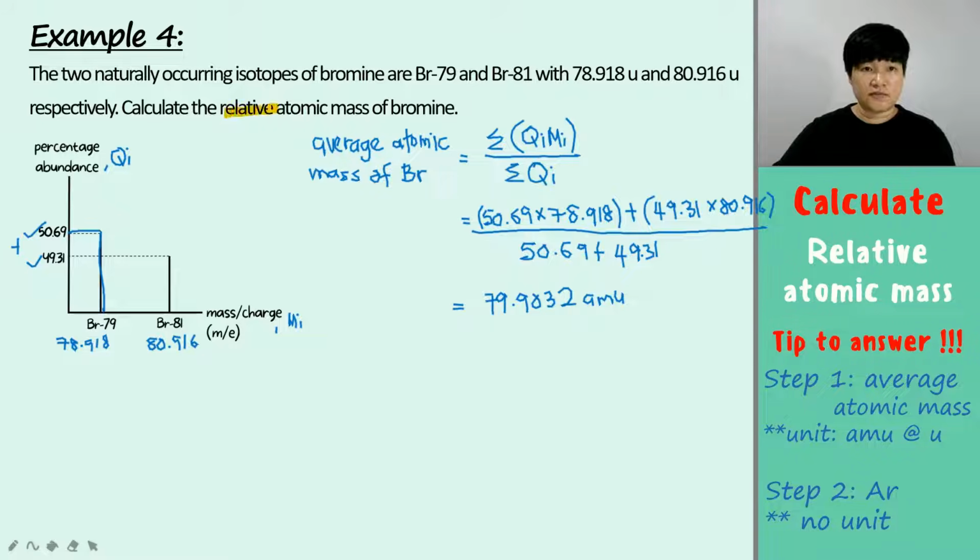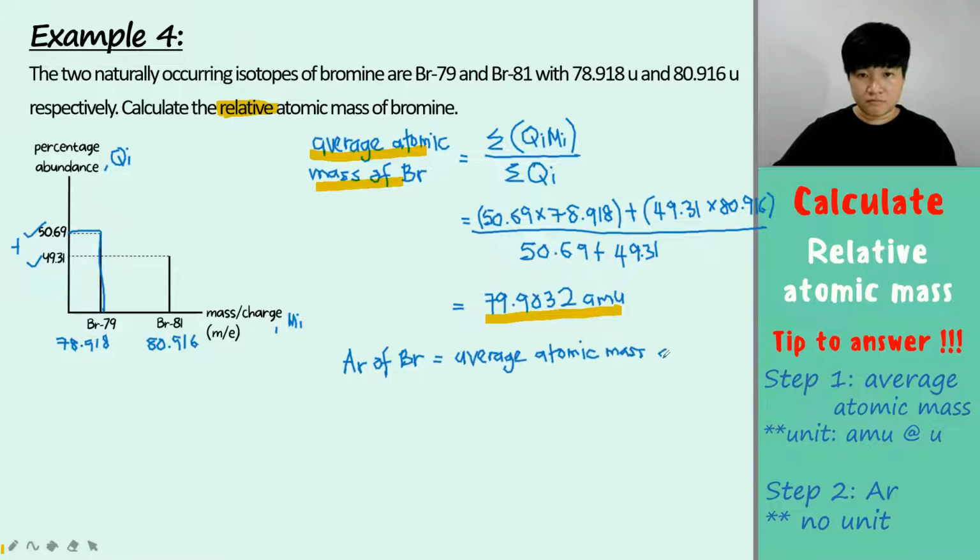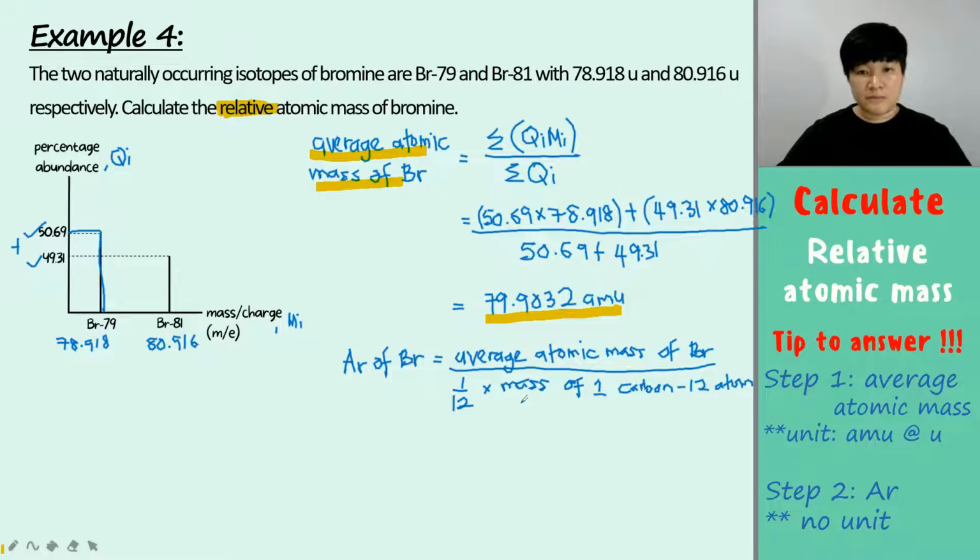But the question is asking for relative. So we need to change this average atomic mass into the relative atomic mass of bromine, first by writing the formula. The relative atomic mass of bromine is equal to the average atomic mass of bromine over 1 over 12 times the mass of 1 carbon-12 atom. The average atomic mass calculated for bromine is 79.9032 that you calculated just now, over 1 over 12 times 12 AMU, the mass of 1 carbon-12 atom.